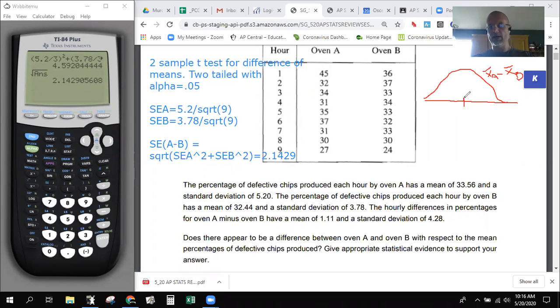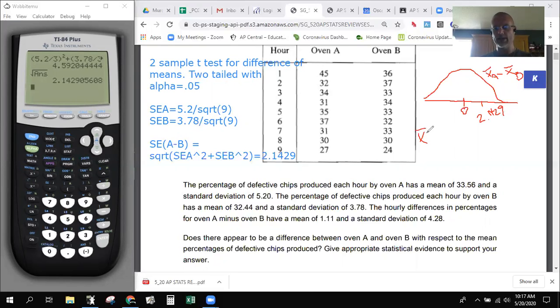And the null hypothesis says that the center of that is going to be 0. And the standard error of that is going to be 2.1429.